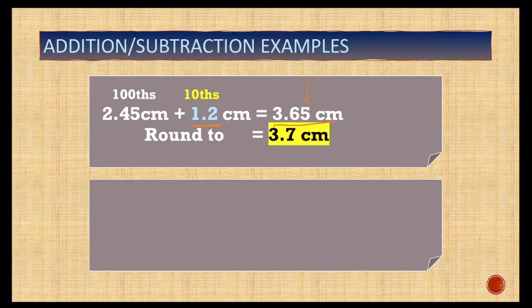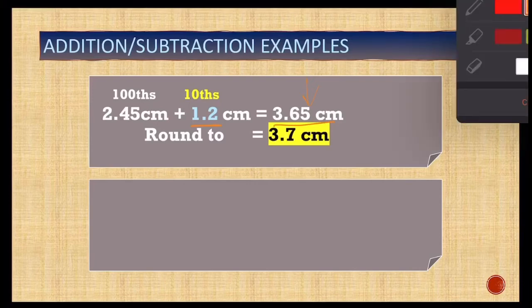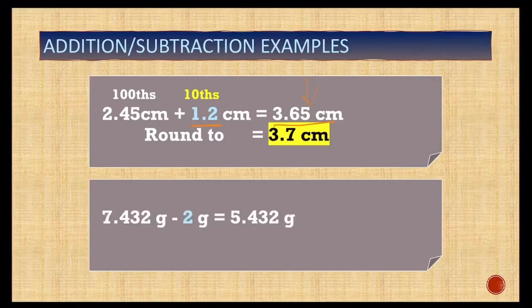Let's look at another example. Here we have 7.432 grams minus 2 grams equals 5.432 grams. So this is our calculator answer, not our final answer. Let's look at our values. Our first value goes to the thousandths place. This 2 at the end of the value here is in the thousandths place.